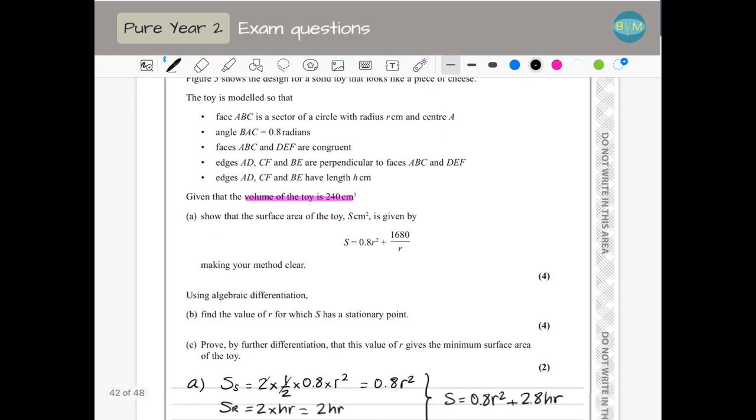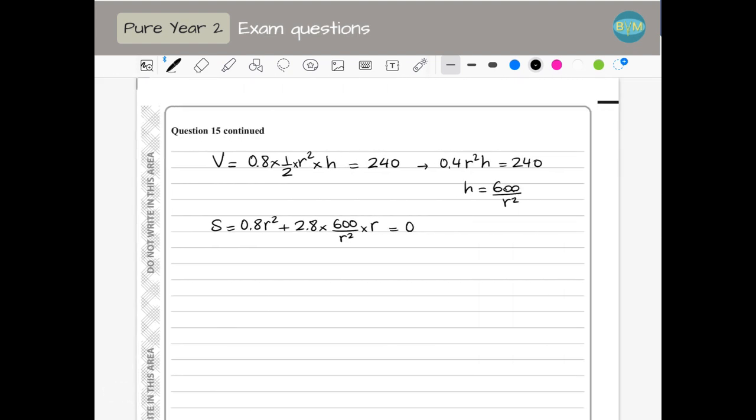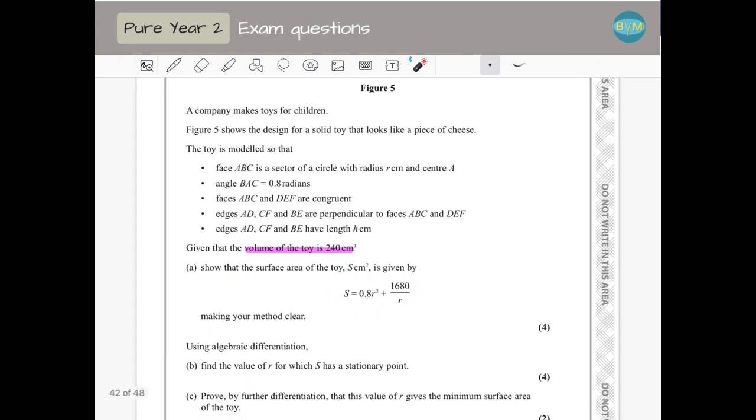And this is going to be 0.8 r squared plus 1680, and I'm going to cancel this r with the square, so divided by r, and this is the expression that I have to show. So it's this one here that is given.